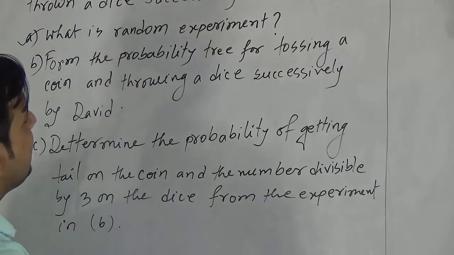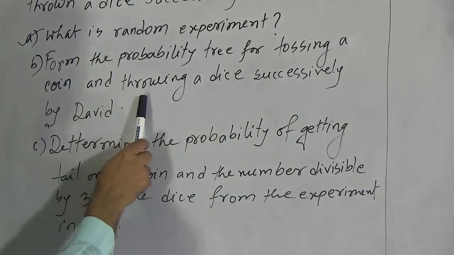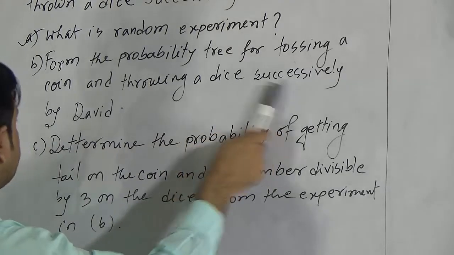Now question B, form the probability tree for tossing a coin and throwing a dice successively by David.